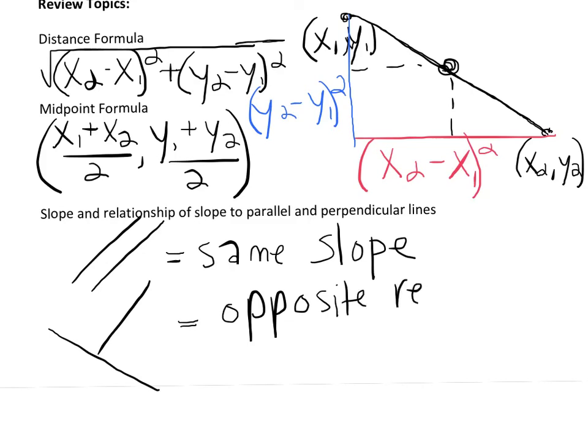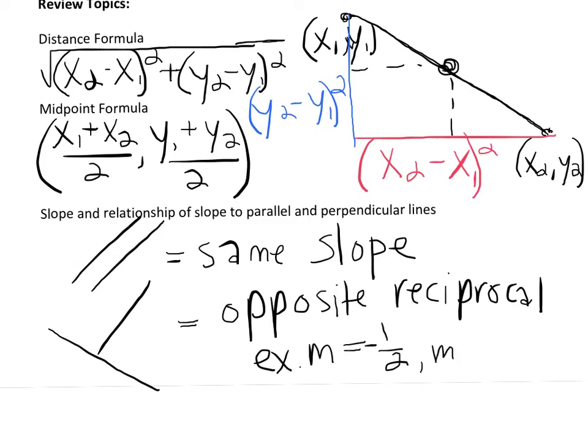And it can't be just one or the other, it has to be both. So an example for that would be, if for one line m would equal -1/2, for the other line, for them to be perpendicular, the slope would need to be 2. So it makes this right angle, and we see that the slopes are opposite and reciprocal.